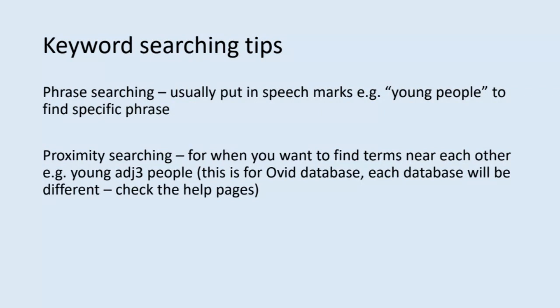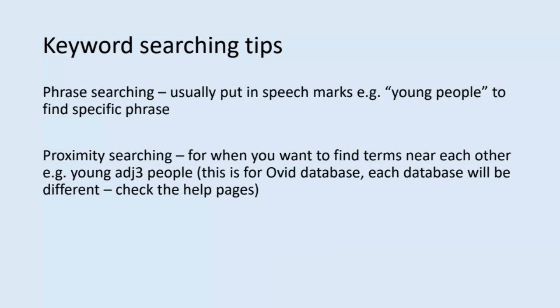For example, on the screen it says "young people", and that will search just for results where those two words appear right next to each other. Otherwise, if you just put young people and don't use the exact phrase, the database will pick up results that have young and people anywhere. They could be 10 words apart. So this is a way to narrow and focus your results and to help improve relevance.